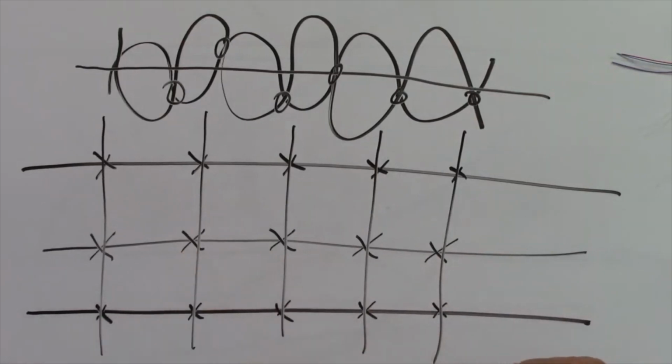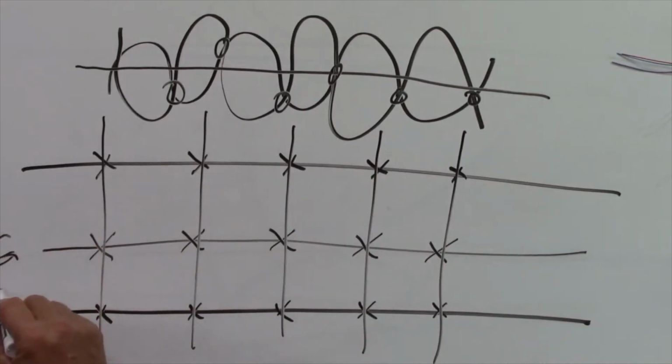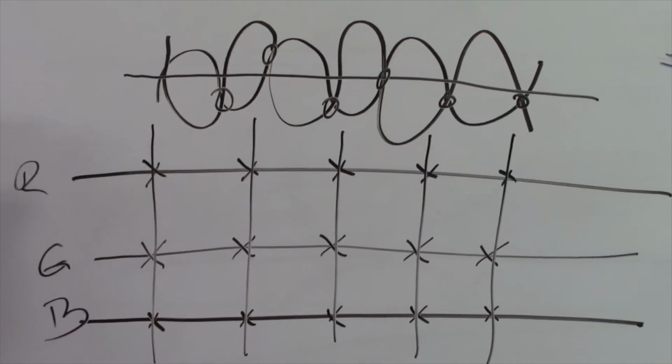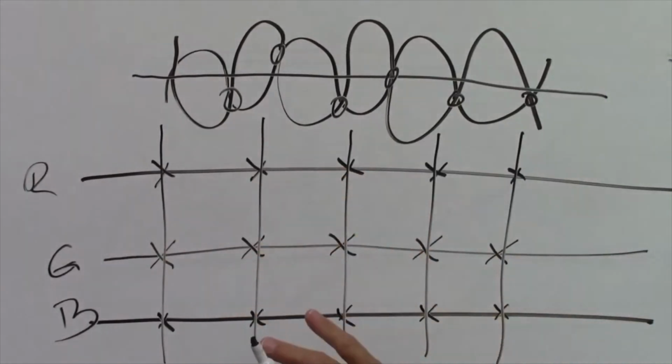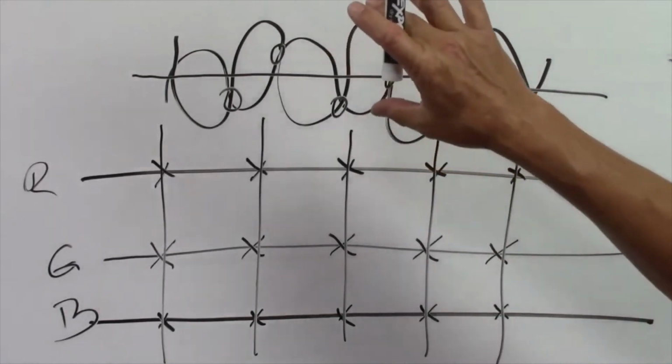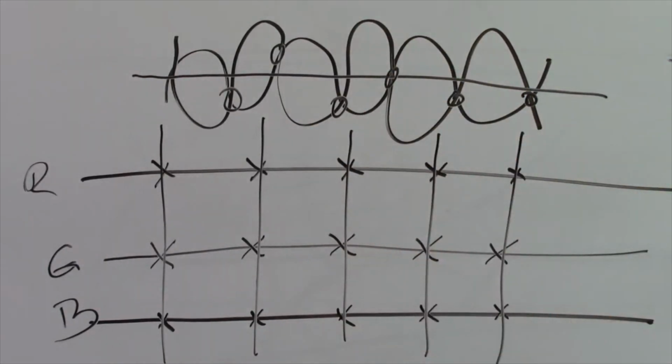If this is RGB, you're going to have issues with the green feed not matching up correctly with the red and the blue. So we're back to timing issues. Not only do we have to worry about timing issues internal to each channel, we have to worry about the timing issues between all 3 channels.